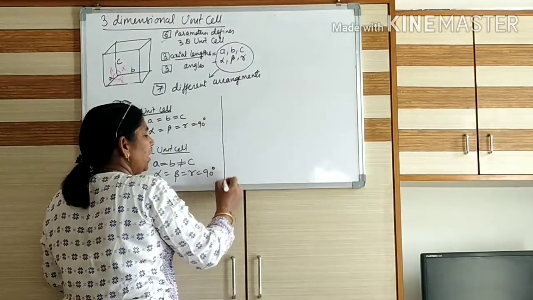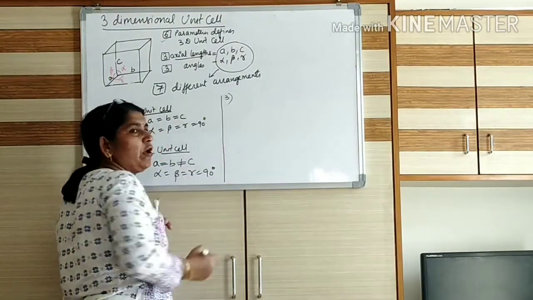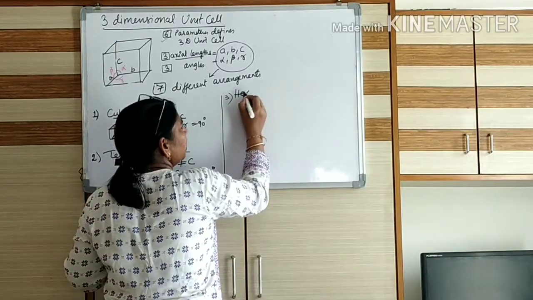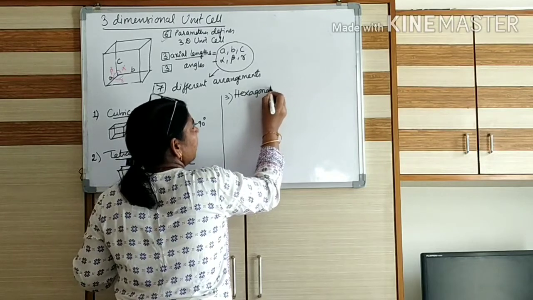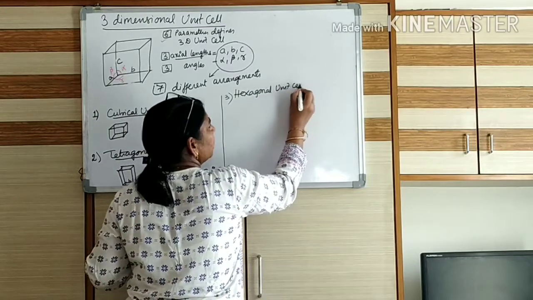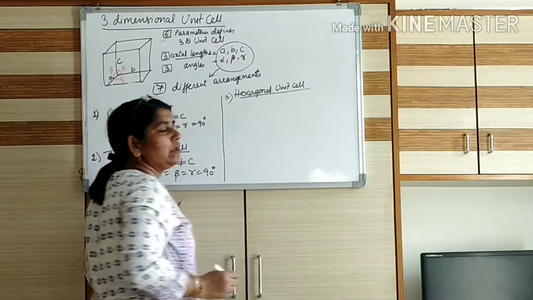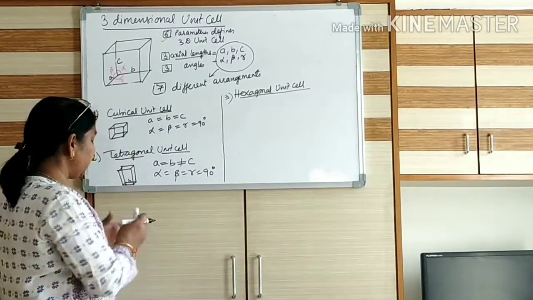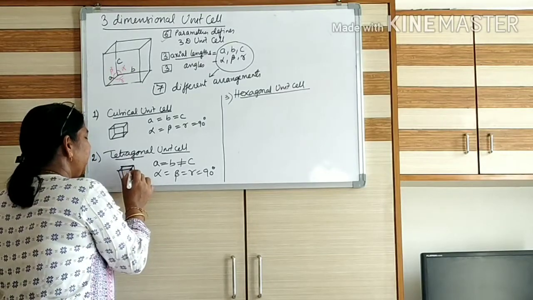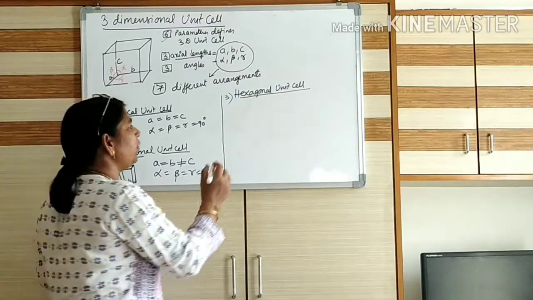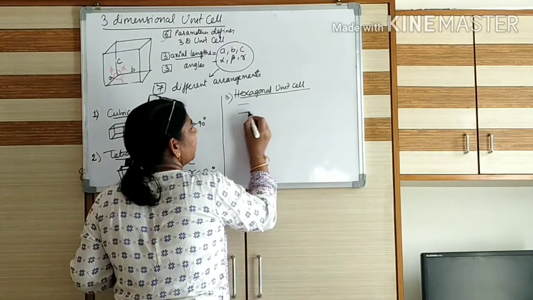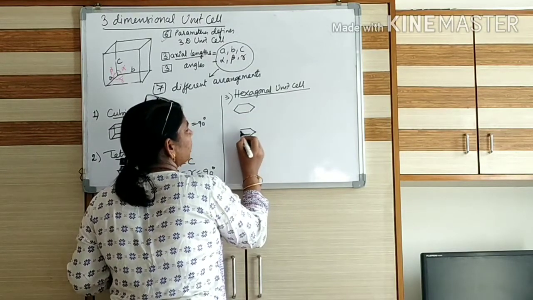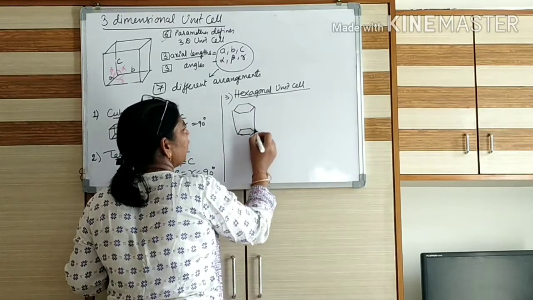Now we come to the third Bravais lattice of the 3-dimensional unit cell. Third is the hexagonal unit cell. Children, in the hexagonal unit cell, if you consider this tetragonal unit and convert this square part into a hexagon, what do you get? Have a look.